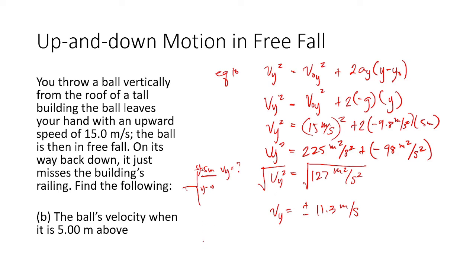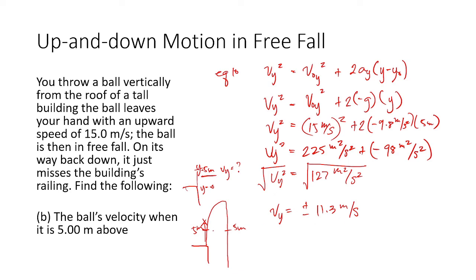So, as you may have remembered, mula dun sa ledge, nag-travel ka pataas, nag-travel ka ulit pababa. Ibig sabihin, dalawang beses kang nagkaroon ng 5 meters. Yung initial mo na dito at yung pababa na siya na nandito. So, in this point, it has a positive value because it is moving upwards.